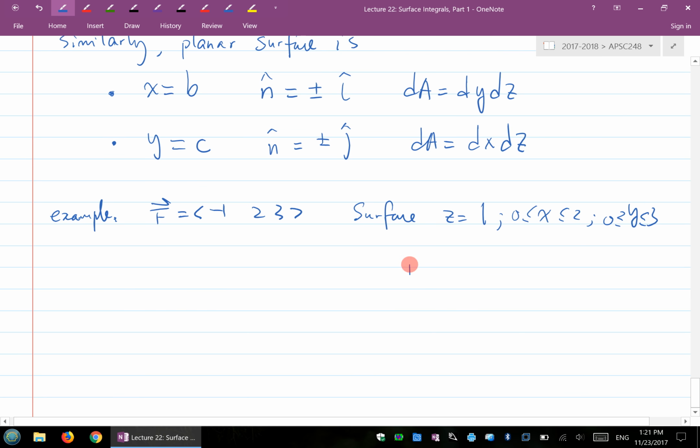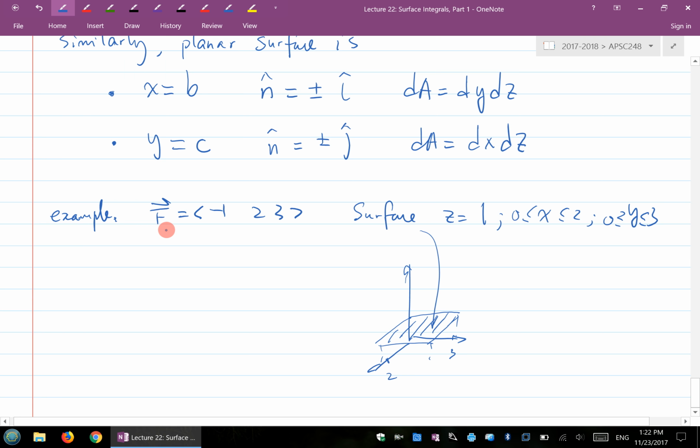So if you draw this out, basically x is between 0 and 2, y is 0 and 3, and z is 1. So it's a plane. This is a plane, a rectangle patch, parallel to the xy plane here. So that's your surface.